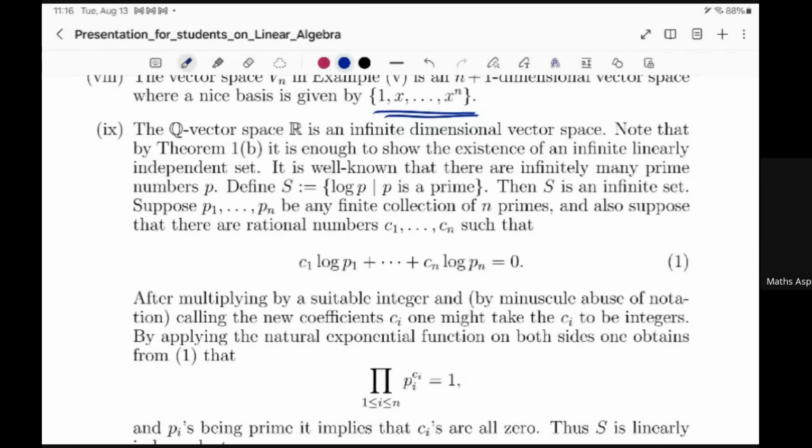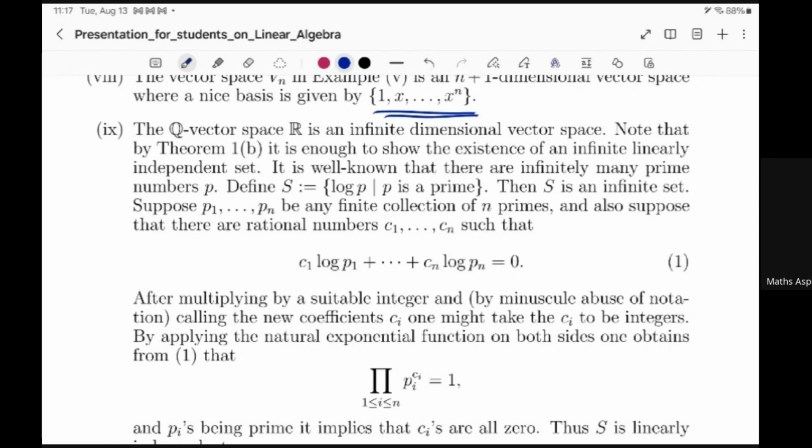All right. Now, how do you prove that it is infinite dimensional? Remember that in theorem 1, one of those several parts I've mentioned, the maximal linearly independent set is going to be a basis.